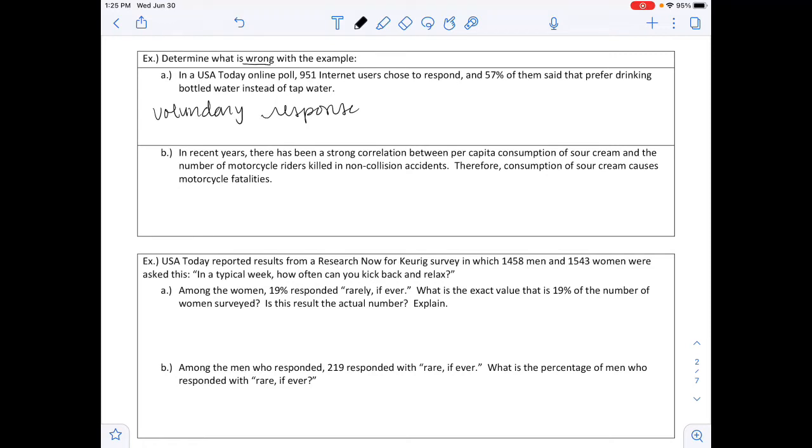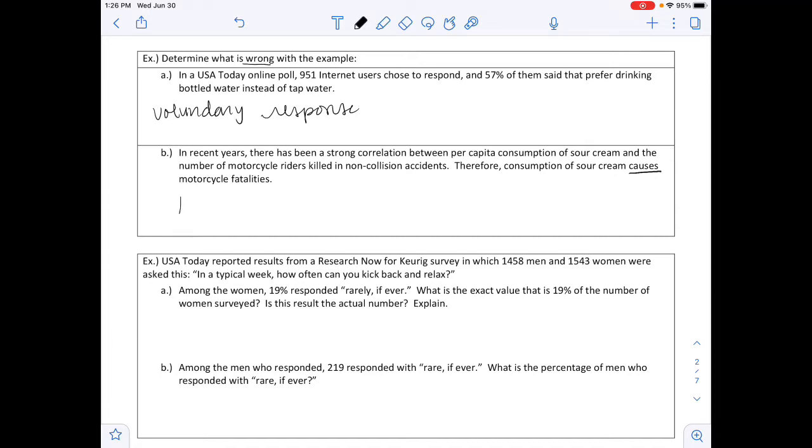Part B says in recent years, there has been a strong correlation between per capita consumption of sour cream and the number of motorcycle riders killed in a non-collision accident. Therefore, consumption of sour cream causes motorcycle fatalities. Just because there is some kind of relationship between motorcycle deaths and sour cream consumption does not mean that sour cream is causing these fatalities.